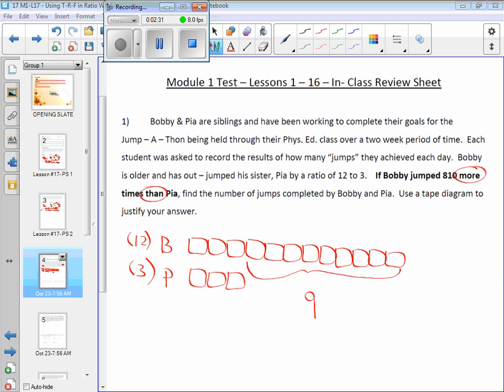Then the next thing you've got to do is say, okay, these extra 9 boxes represent how many more jumps? How many more times? So those 9 boxes represent what number? Ryan? 810. So you've got to take that 810 and divide it into 9 boxes.